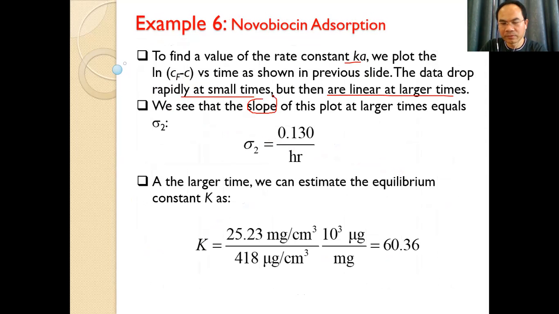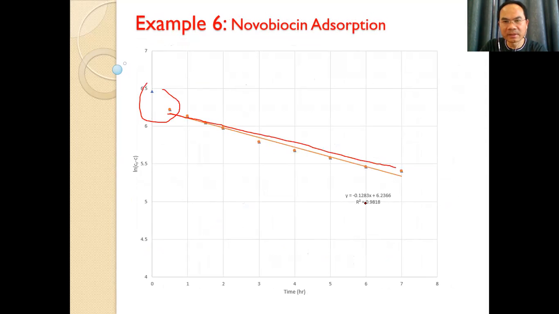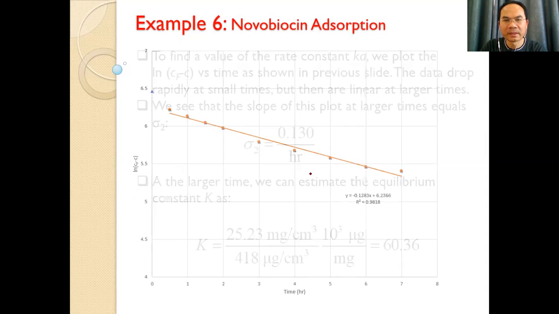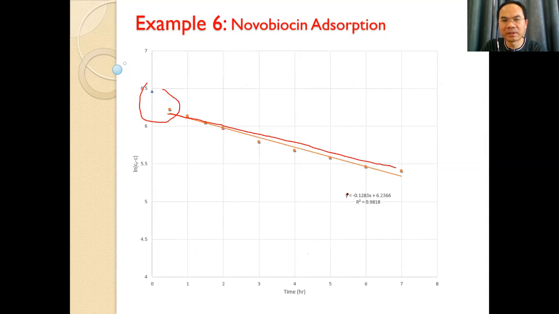The slope of this curve is sigma 2. It's about 0.13 per hour. It's a negative value, sigma 2 equal to 0.1283, or approximately 0.1 per hour.